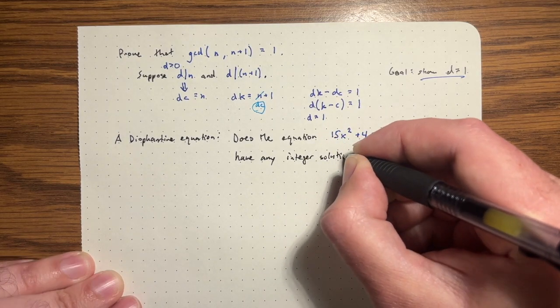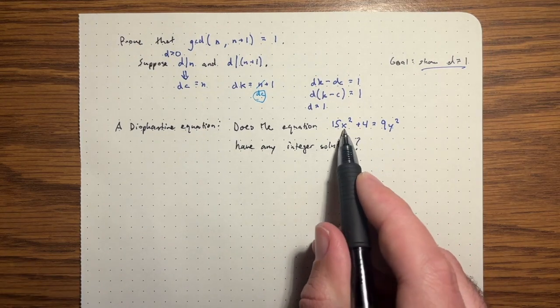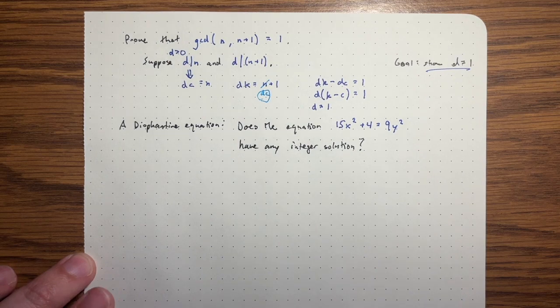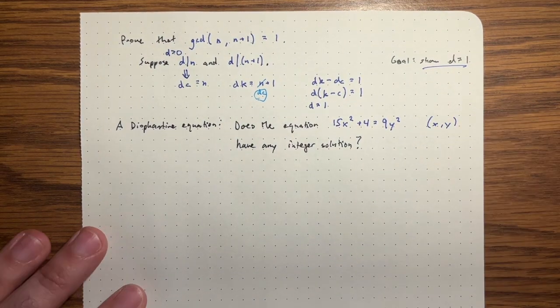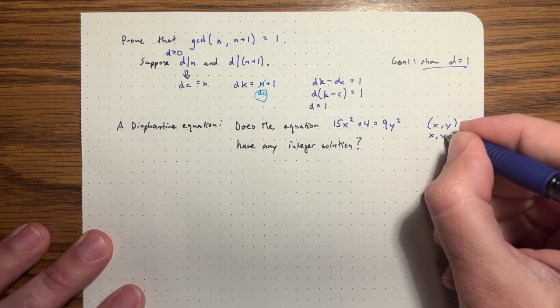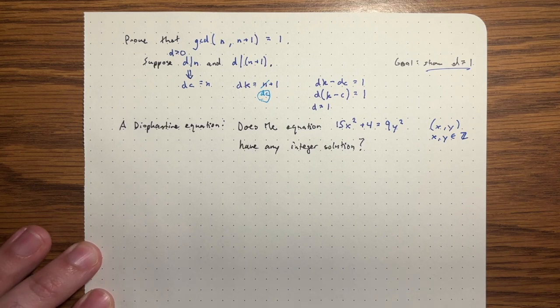That's what it means to be a Diophantine equation. In a Diophantine equation, we're looking for specifically integer solutions, where x and y are both integers. So we're looking for x comma y, where x and y are both integers. Yeah, write that out. Solutions.